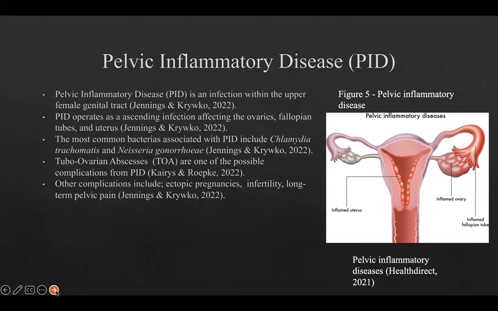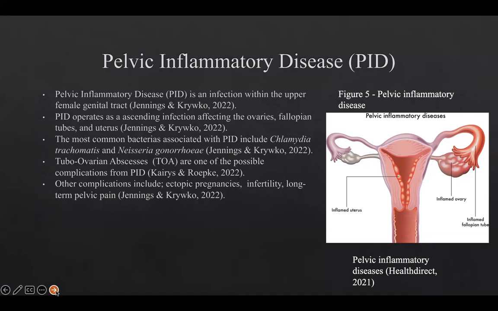Infection and swelling of the upper female genital tract occur as a result of the medical condition pelvic inflammatory disease. The ascending transport of germs from the vagina or cervix to the tissue of the upper female genital tract affects the endometrium, fallopian tubes, pelvic peritoneum, and in some circumstances, the tubo-ovarian abscess.